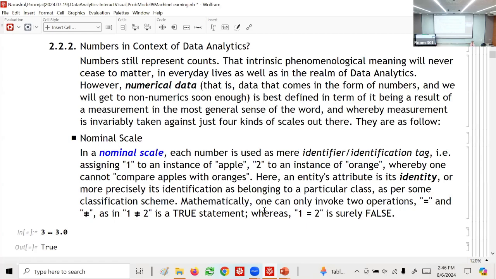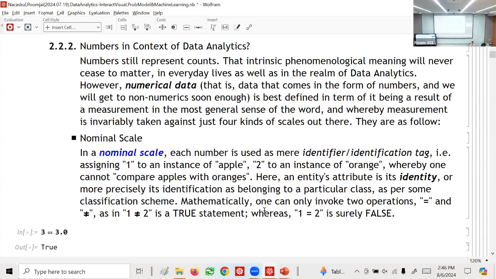A student that has an ID of 1, 2, 3, 4 and another with 4, 3, 2, 1, I can't tell them apart. Well, I can tell them apart, but I can't say more than that. So what's the mathematical operation you can do with this kind of number? Check the sign, equal or not equal. That's it. That's the only operation, the only logical question you can ask. Is 1, 2, 3, 4 the same as 4, 3, 2, 1? No, different student.